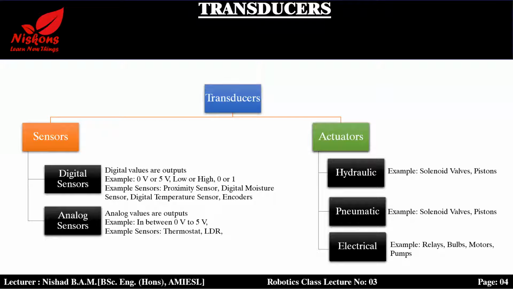Then they send the signal to the controllers, and the controllers control the sensors as well as the actuators.